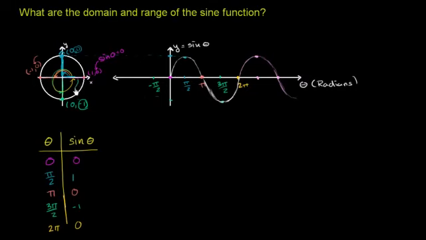Well, that's going right over here, and we intersect the unit circle right over there. The y-coordinate is negative 1. So sine of negative pi over 2 is negative 1. And it just continues. So sine of theta is defined for any positive, negative, or zero theta. It's defined for anything.